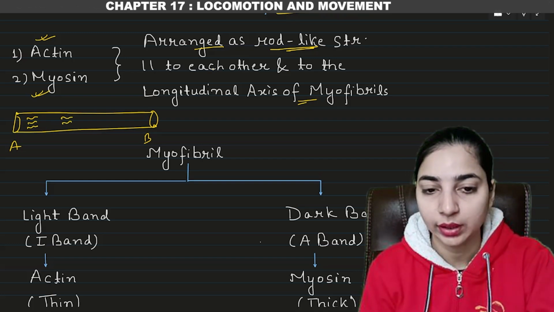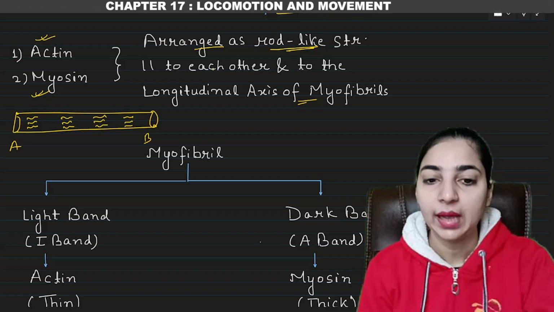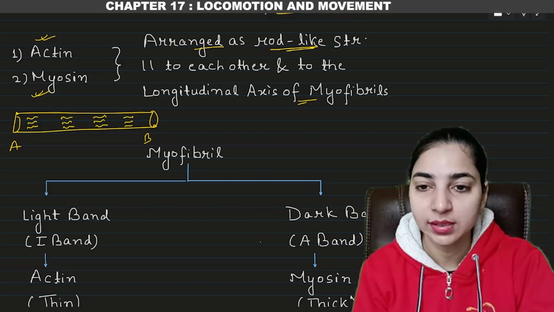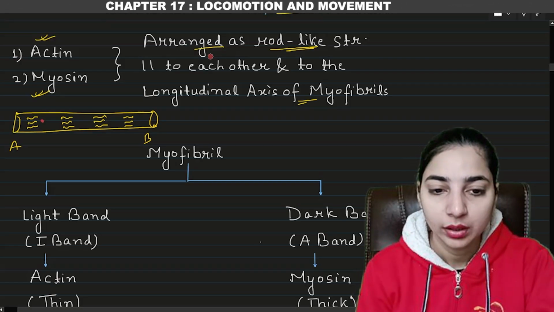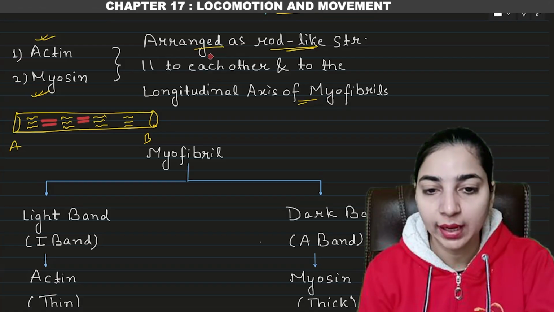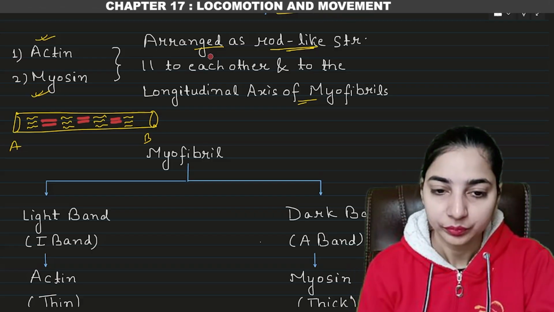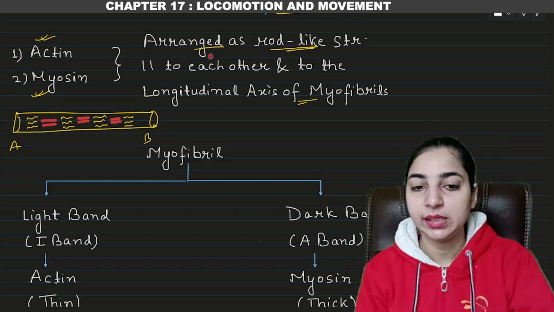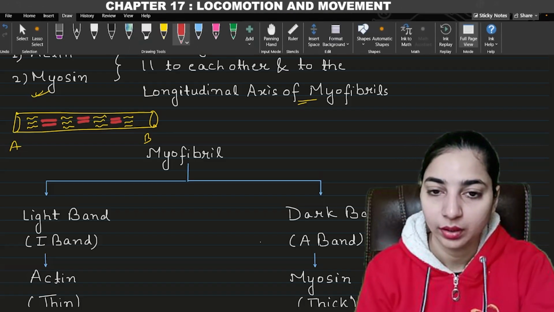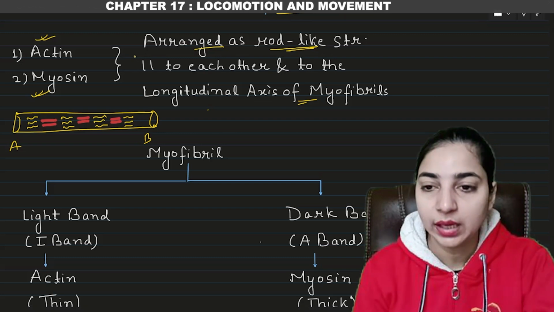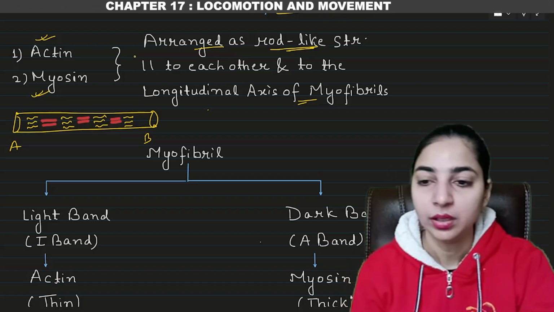You can see these actin filaments are parallel to each other and parallel to the longitudinal axis. The other protein, myosin, I will show in red color. It is also parallel to each other and to the longitudinal axis. Another difference is that actins are thinner than myosin.